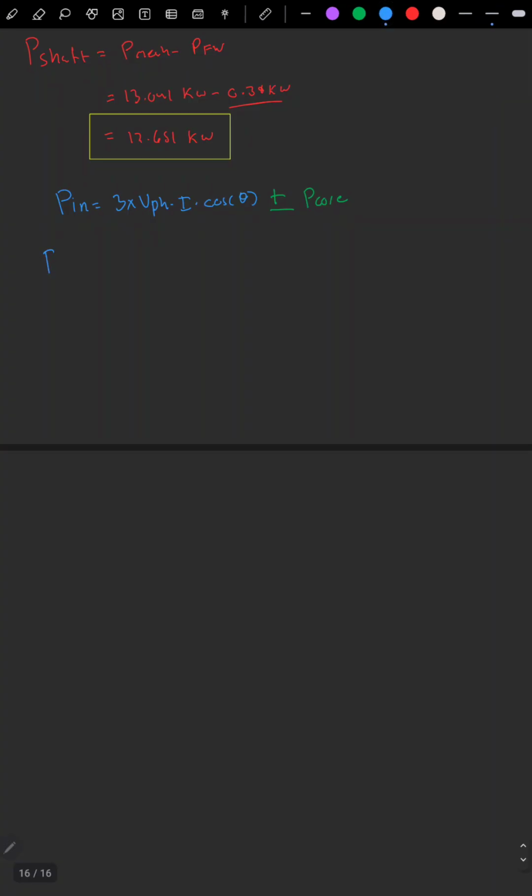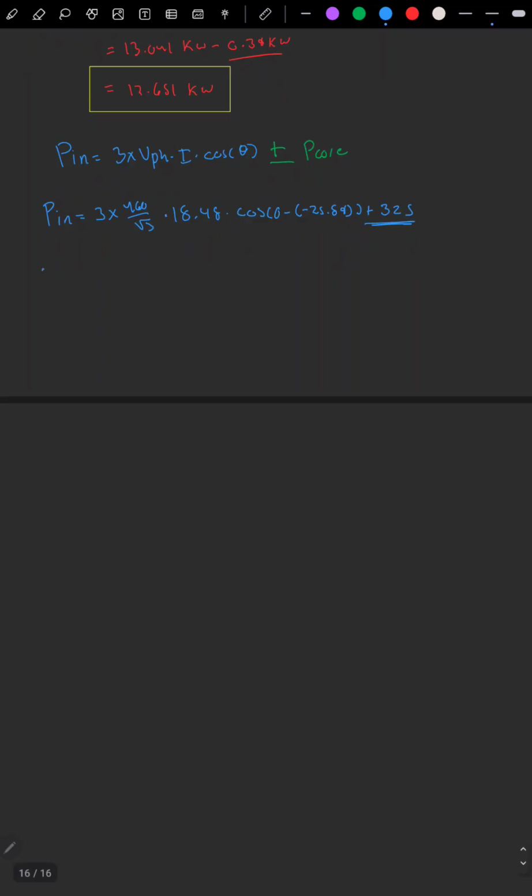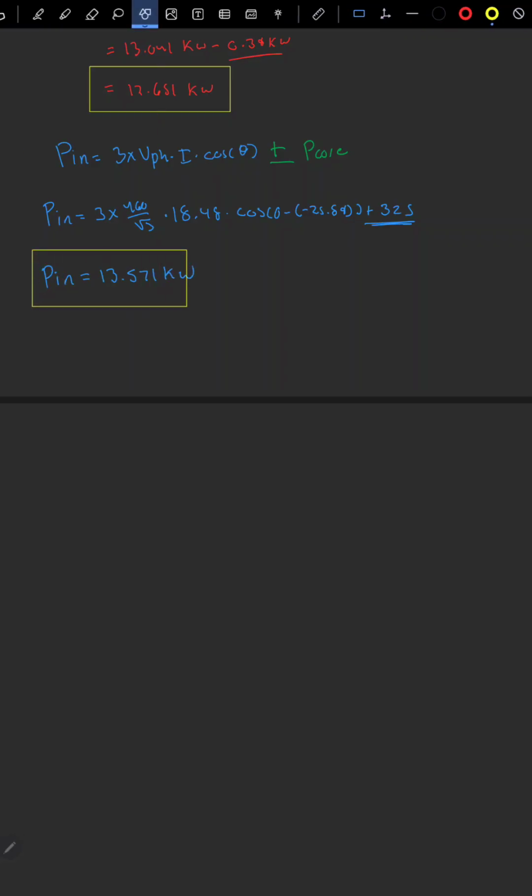So our Pin is 3 multiplied by the phase voltage multiplied by I1 times the cosine of the difference of phases, and we're adding that 325, which is the power at the core. So the Pin is going to equal 13.571 kilowatts. You need to make sure that you add this right here. It's super important because then you'll get your efficiency wrong.